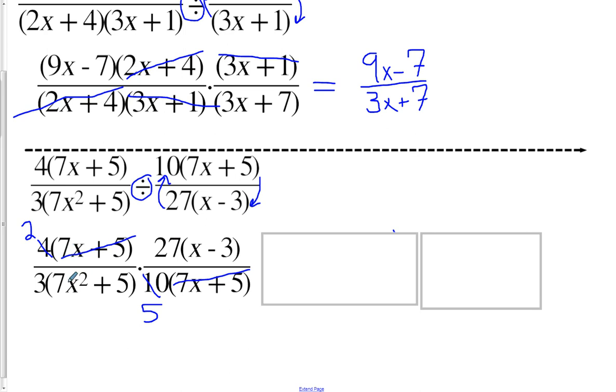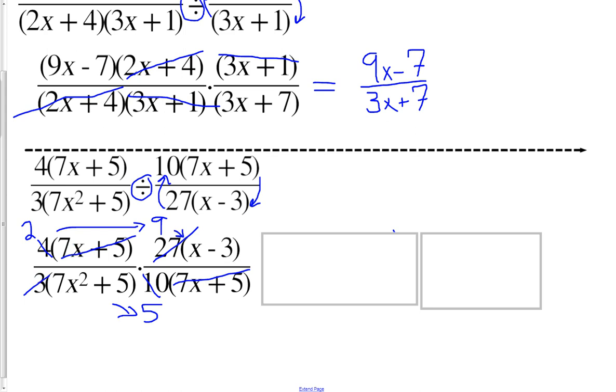Next, 27. Does 5 go into 27? No, but 3 does. 3 goes into 27 9 times. So divide by 3, I get 9. And then x minus 3. I don't have anything else that can cancel. So we're going to get 2 times 9 times x minus 3 over 7x squared plus 5 times 5.